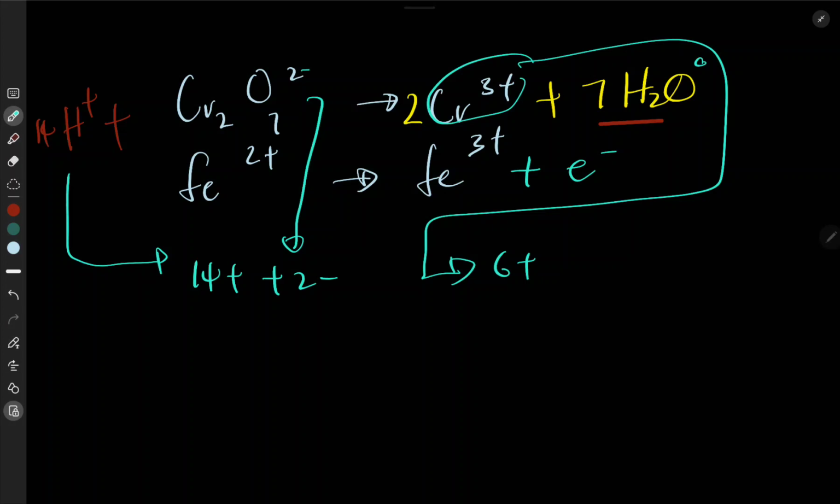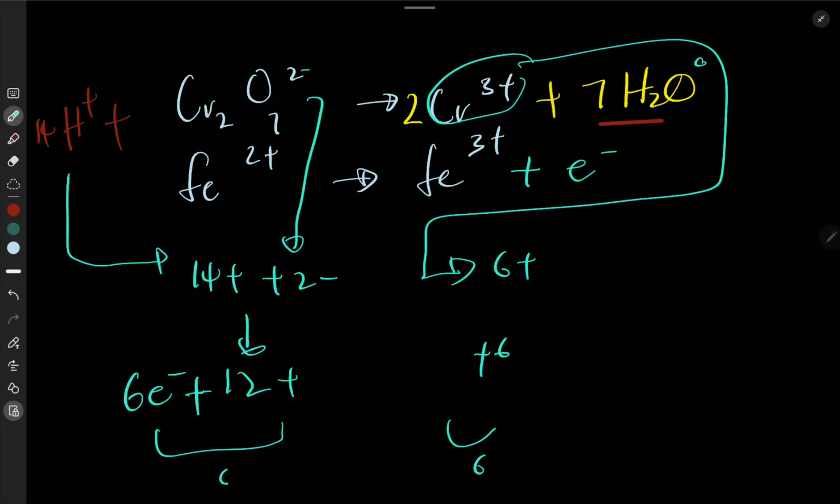Let's work our math here, and this is going to give us 12 plus, and this side we have 6 plus. So to make this the same, we'll have to subtract 6 here. To subtract 6 is just simply adding 6 electrons, right? Now if I look at this side, I'll have 6, and if I look at this side, I'll have 6. So I have solved it again, just by adding 6 electrons on this side.